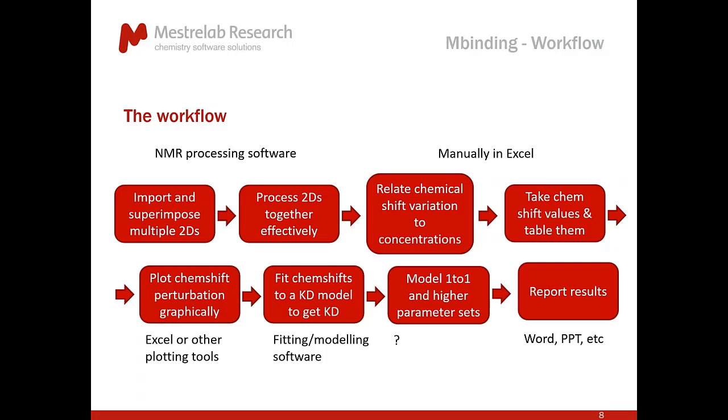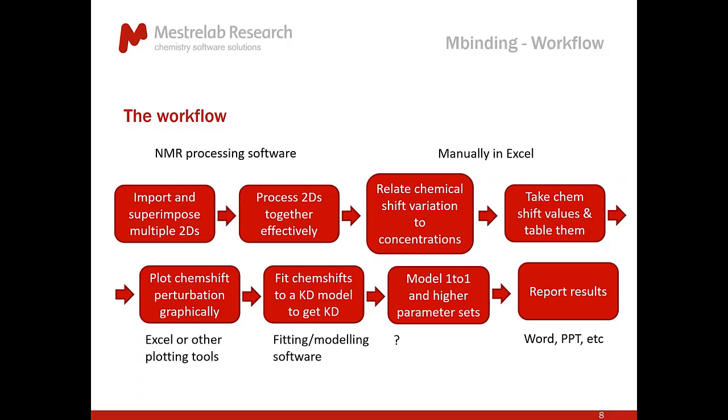So assuming that you have several 2D spectra acquired at different concentrations, you will then want to import those into a processing and analysis software and superimpose them so that you can look at variations in the chemical shift, and process them so that you can get good peak picking information.